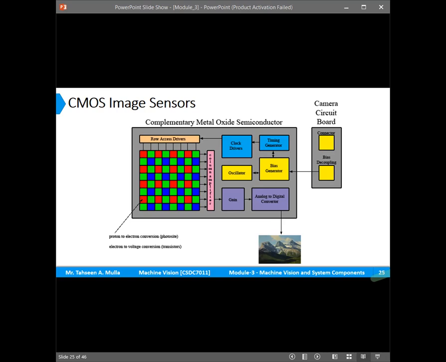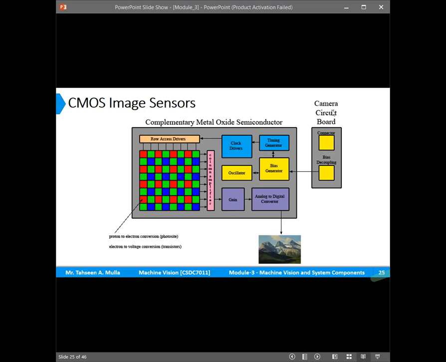Now here you can see the complementary metal oxide semiconductor will consist of those blocks which were on an external circuitry board in the CCD, right? Now they are included on the circuit board itself. So there is no peripheral or external circuit needed for CMOS after storing these electrical charges into pixels.